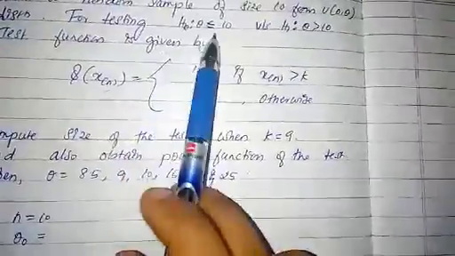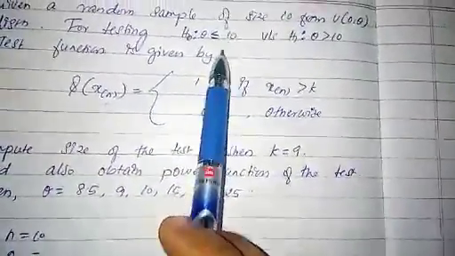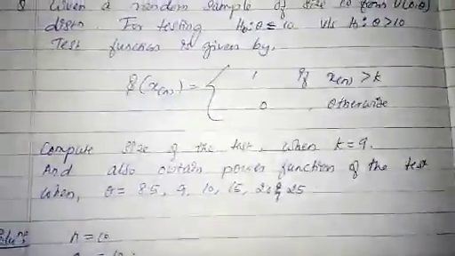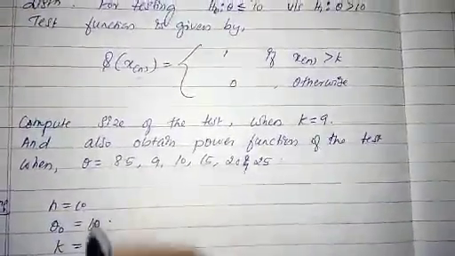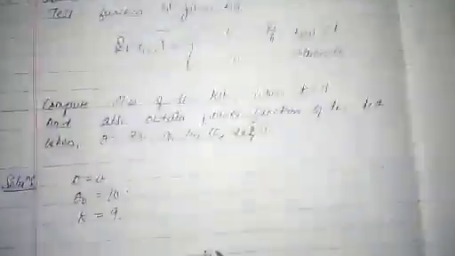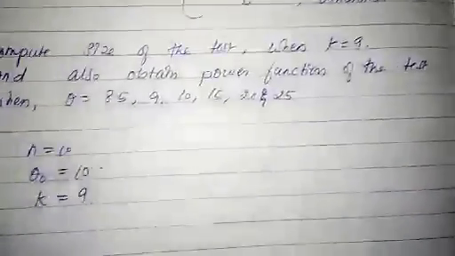Theta naught is 10, right? Then what is k here? k is given, k is 9. So these are the given facts.